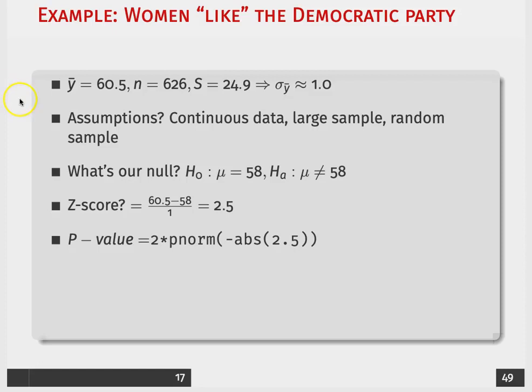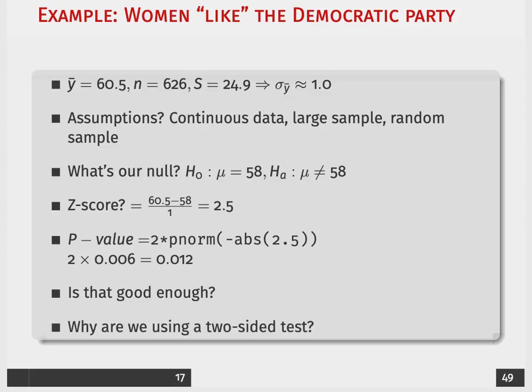And you can see that we end up getting quite a low p-value, 0.012, which is below our critical threshold. So technically, we are going to consider that to be good enough. But again, remember, this is all arbitrary. If the rule of thumb was having a p-value below 0.01, we would have missed it just by a very small margin.